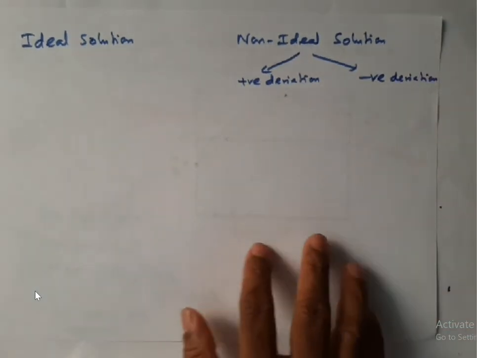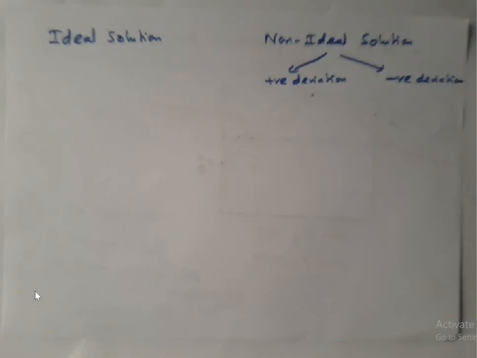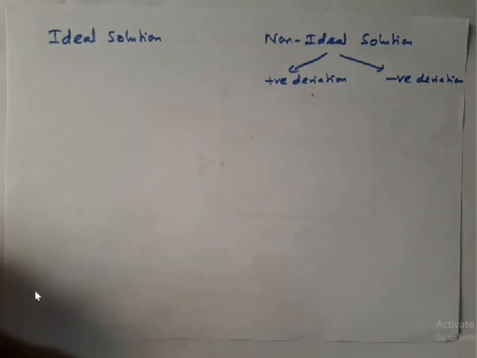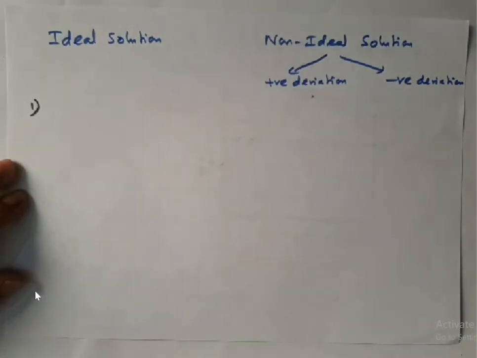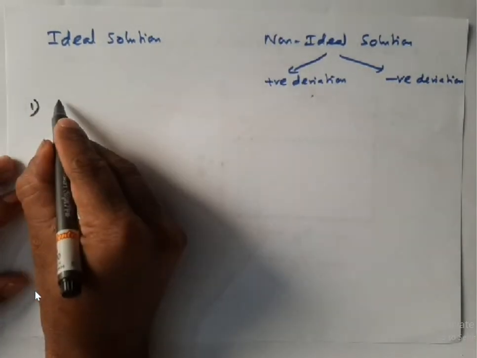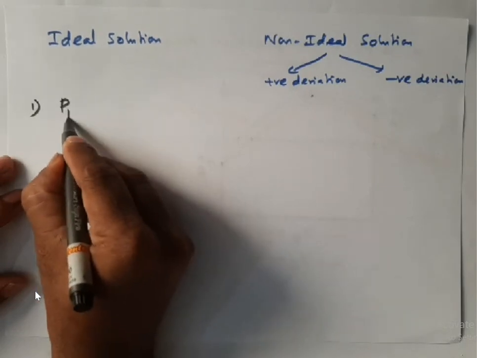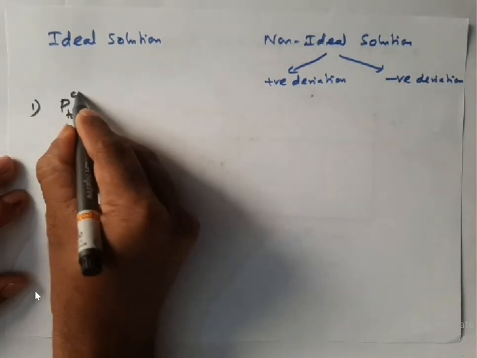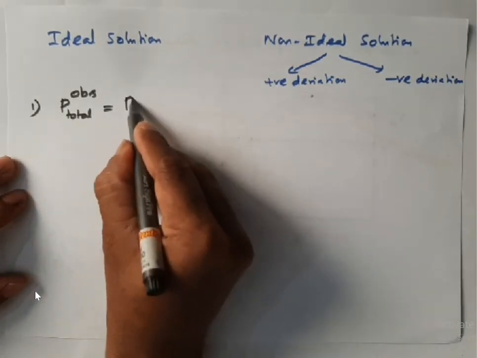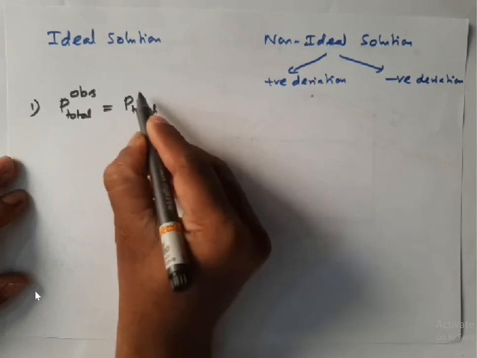Okay, ideal and non-ideal. Now what I'm going to do, I'll just list out some of the essential points here. Point number 1. For ideal solutions, students, observe carefully. Observed total pressure is equal to calculated total pressure.